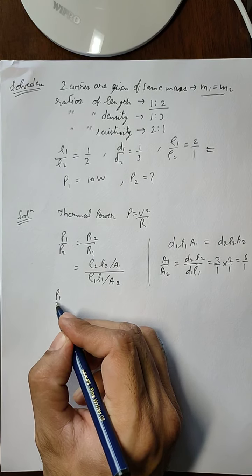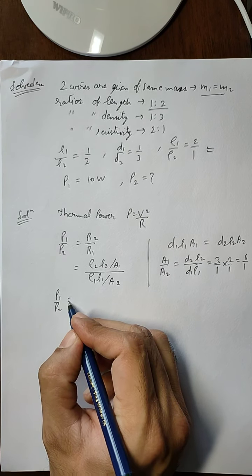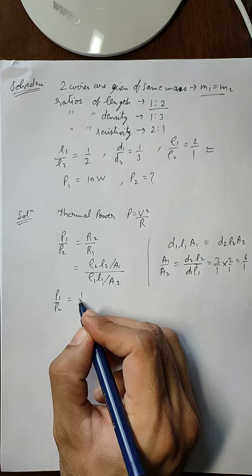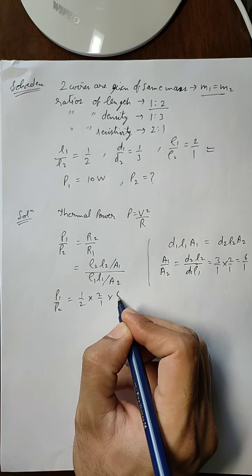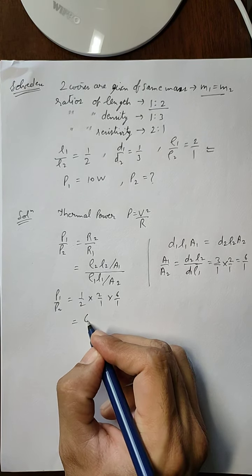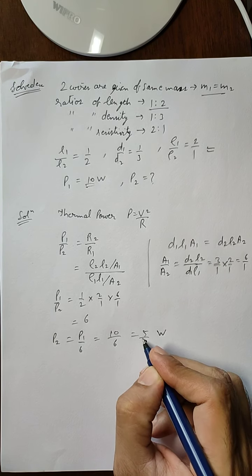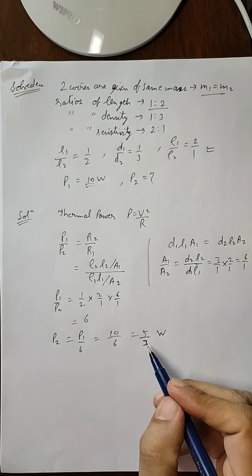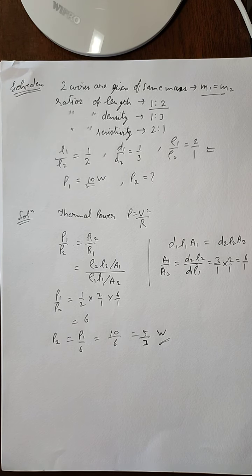So if we put them in the equation, the ratio P1 by P2 will be equal to 6. So from here P2 will be equal to P1 by 6, and P1 is given to us. So it will be equal to 10 by 6 or 5/3 watts. So the heat dissipated by the second wire will be equal to 5/3 watt, and this will be the solution of this question.